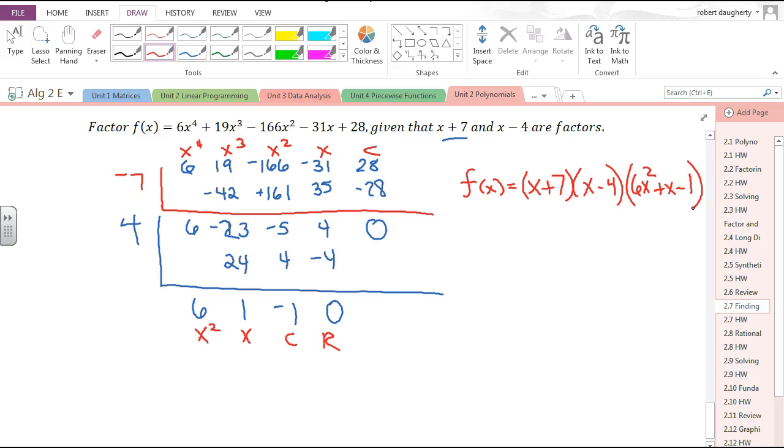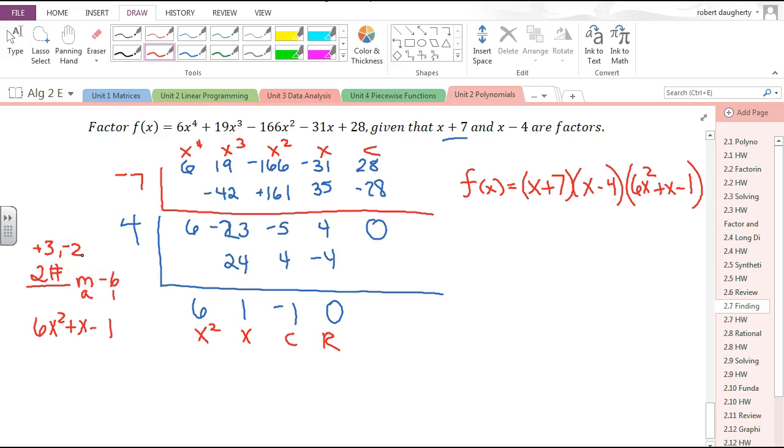So now what do I have to factor? I've got to factor 6x squared plus x minus 1. I'm looking for two numbers that multiply to negative 6 and add to 1. What numbers multiply to negative 6 and add to 1? Yeah, so it's 3 and negative 2.